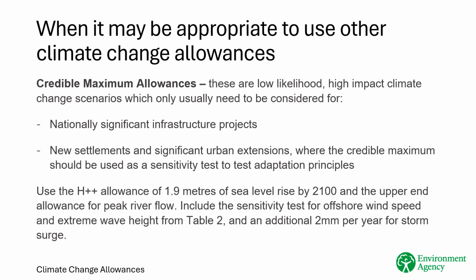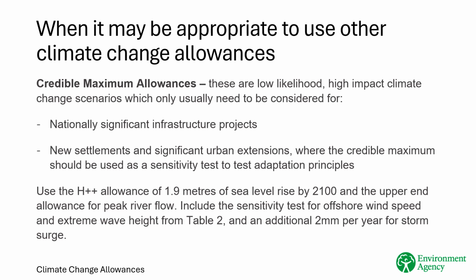There are situations where other allowances may need to be utilised. Credible maximum scenarios are low likelihood, high impact climate change scenarios which only usually need to be considered for developments such as nationally significant infrastructure projects, new settlements, and significant urban extensions. In these cases, as included in the guidance, you should refer to the H++ allowance of 1.9 metres of sea level rise by 2100.